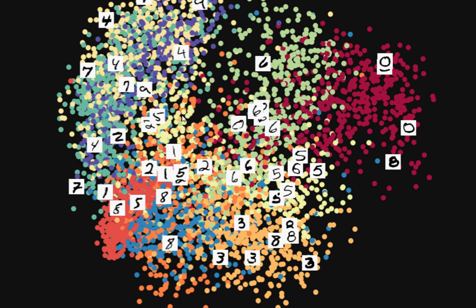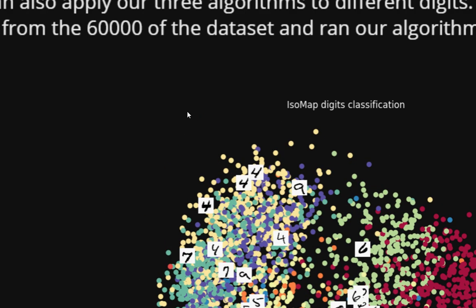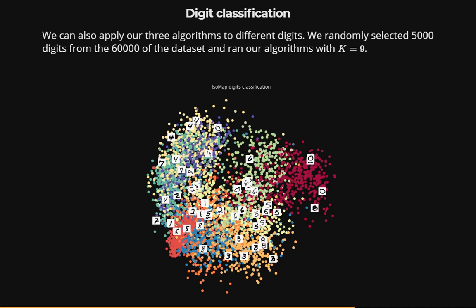But other stuff is mixed up. It's not really clear. Anyway, it does something. Maybe tuning the parameters better could help, or maybe representing it in 3 dimensions could also help. Because we are handling data in 28 squared dimensions, so 3 dimensions is still good.